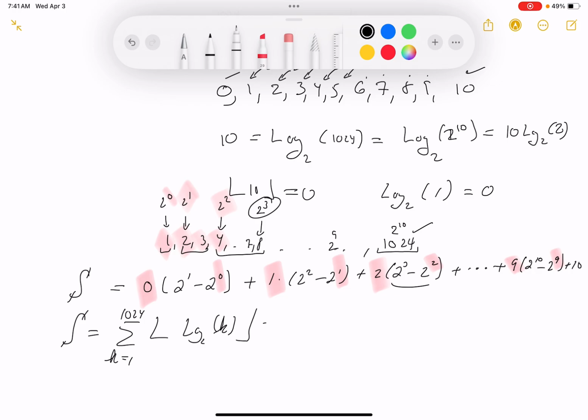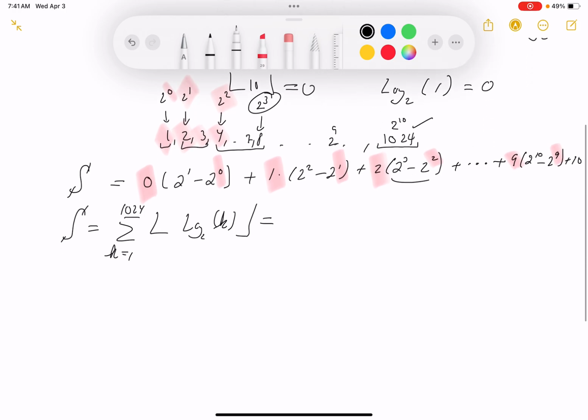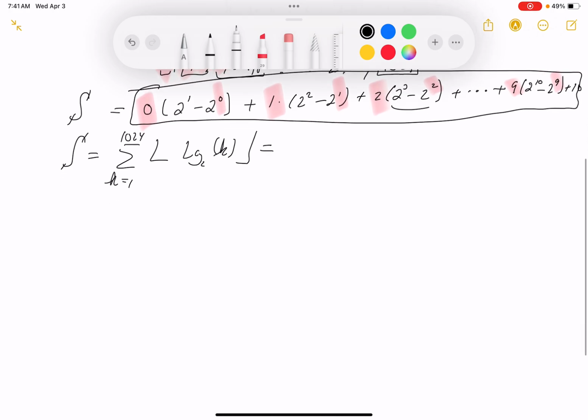It's a floor. I'm looking at this thing over here, and this is the part I'm kind of worried about. So I'm going to keep writing this thing down, S, and S is equal to, well, the first term's just 0. And then I'm looking at this thing over here, and I want to write this down, and I'm going to get 1 times 2 to the 2 minus 1 times 2 to the 1.